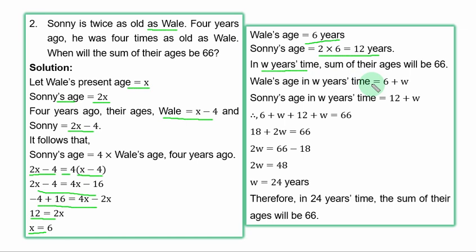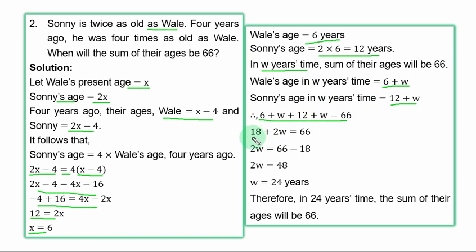So Wale's age in W years time becomes 6 plus W, and Sonny's age in W years time becomes 12 plus W. If you add their two ages in W years time, the sum is equal to 66.